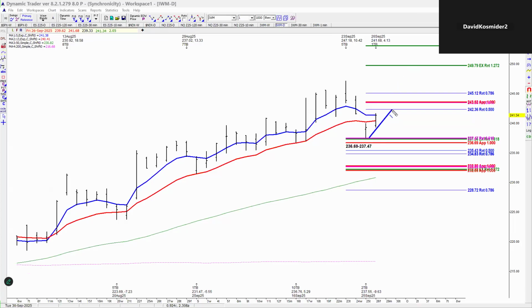But there's a big hurdle on the way up that comes in from taking this low to high, projecting from this low, and a 618 retracement up here at the 243 area. But if we push through it by a decent margin, then we're more likely to continue higher. And we do have the averages on the right side for the bulls too.